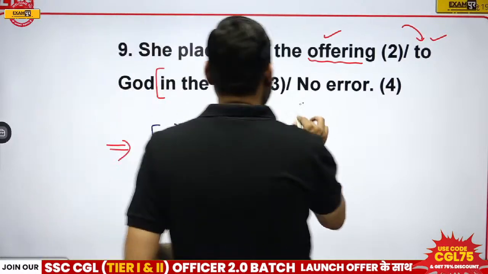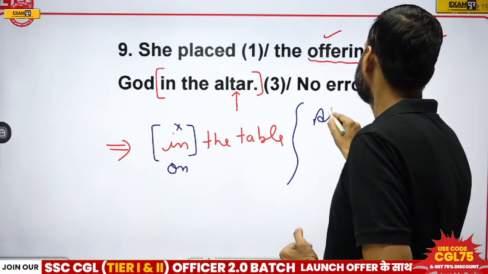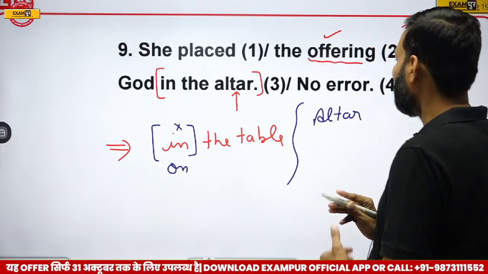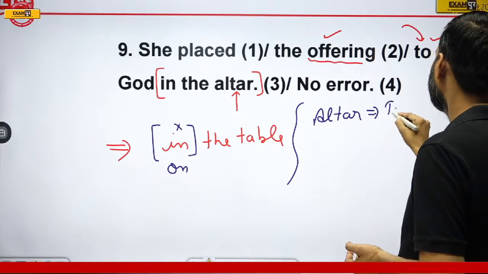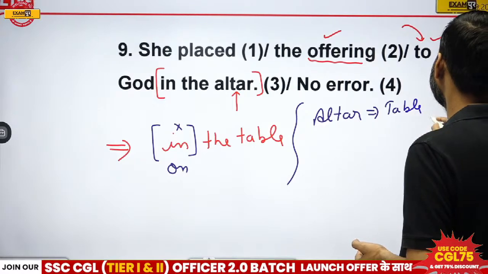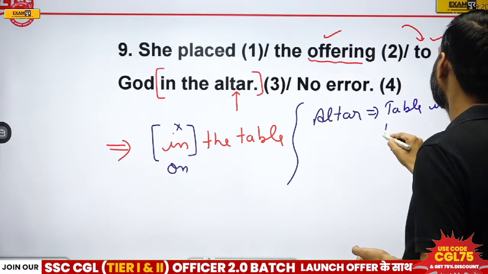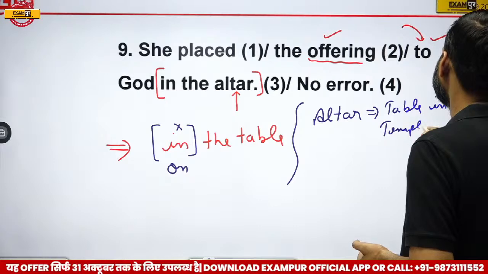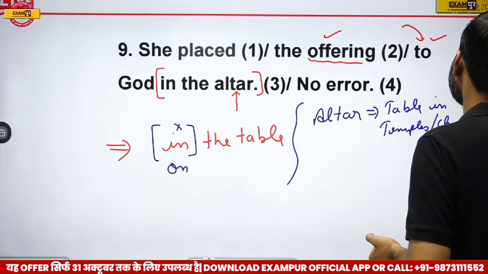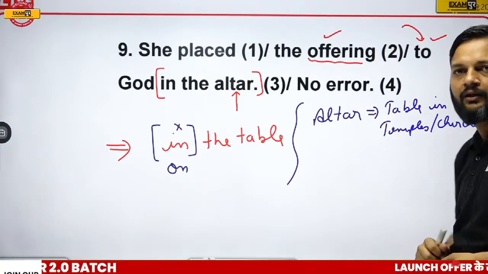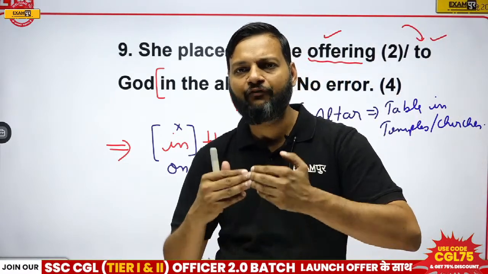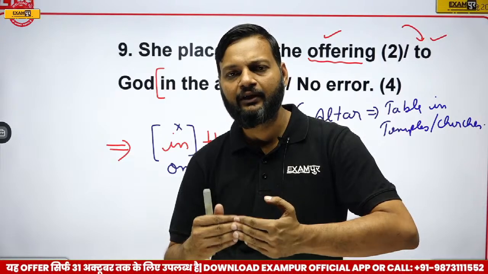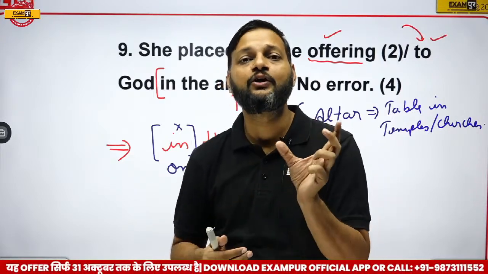Now, the meaning of the word altar. Altar is also a table in temples or churches. Okay, the table which is placed in front of God in temple or church is called altar.